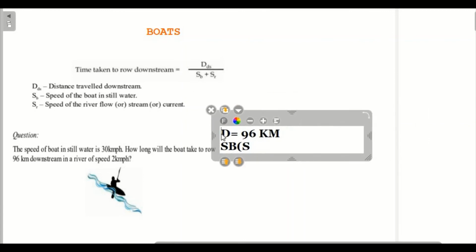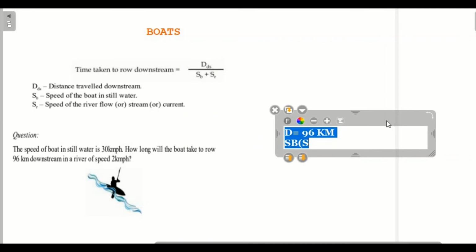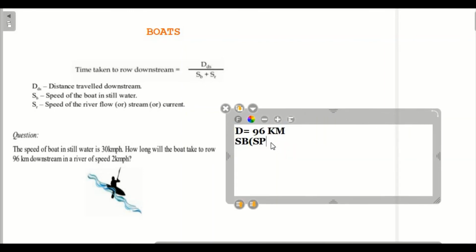So the distance we have to travel is 96. So we have to calculate the speed of downstream. So speed of boat in still water. What is the speed of the boat?